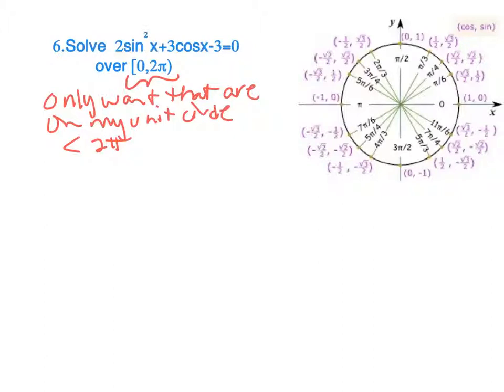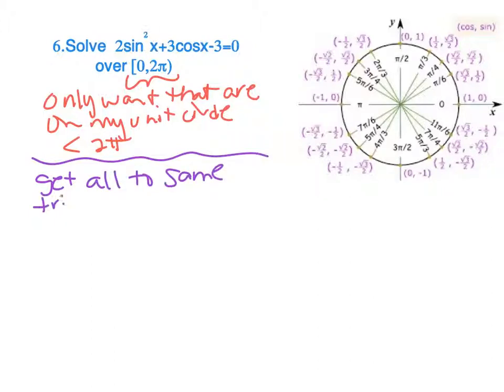So I've got 2 sine squared x plus 3 cosine x minus 3. I want to get them all to the same trig function. So I'm going to make everything be cosine.